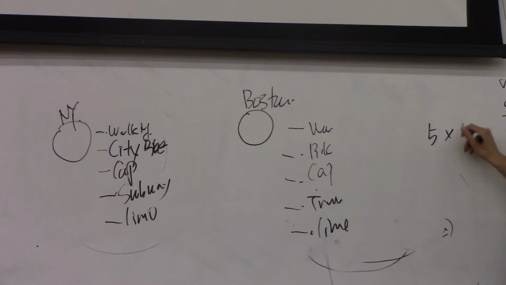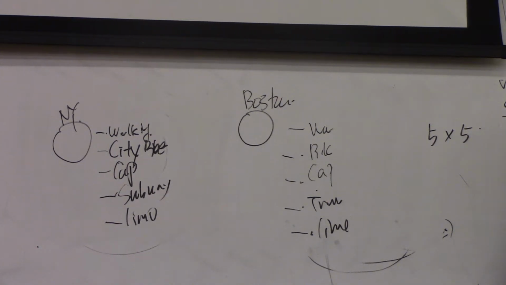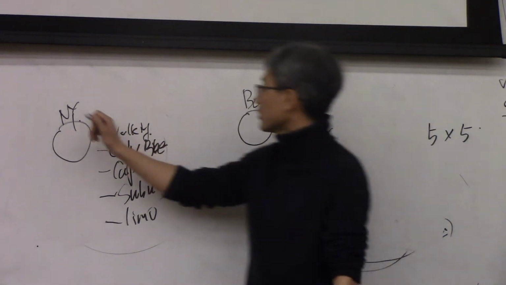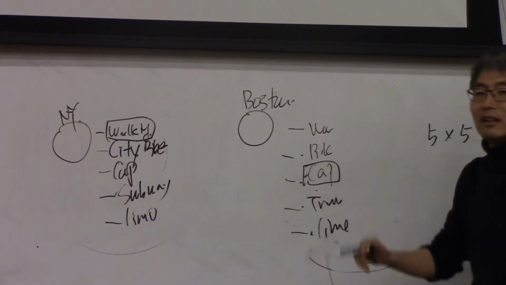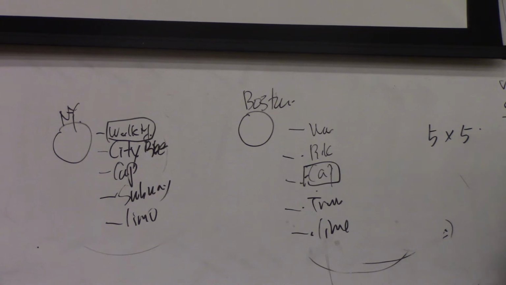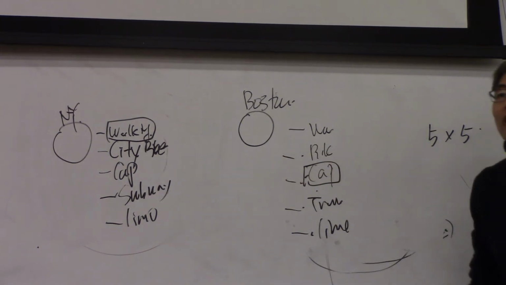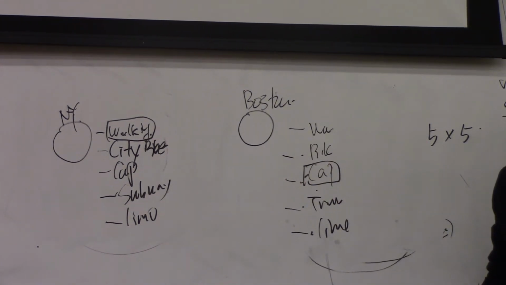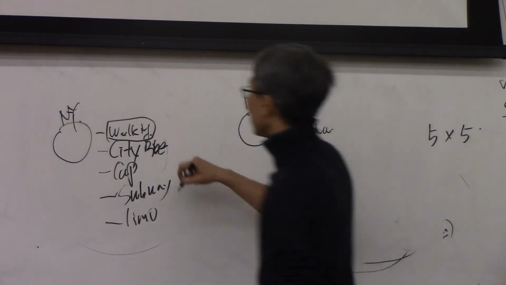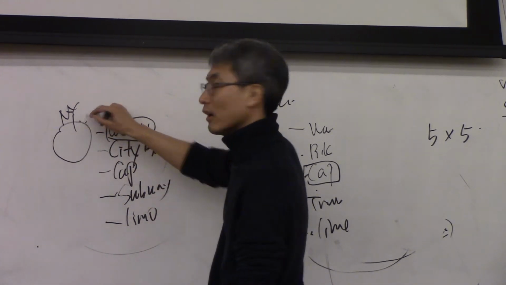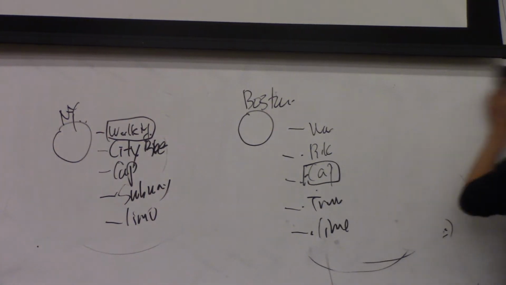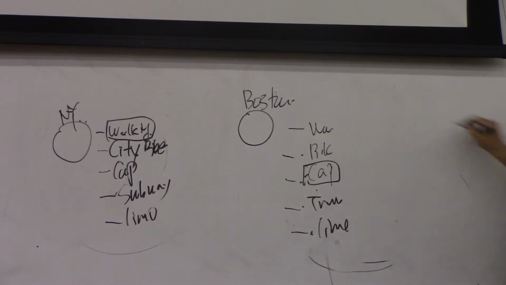5 times 5, right? You can travel in New York, and Boston too. You can select the different combinations. Total 25 different ways, right? So a lot, but you need to select one of them. Also, I'd like to go to one more city, DC.